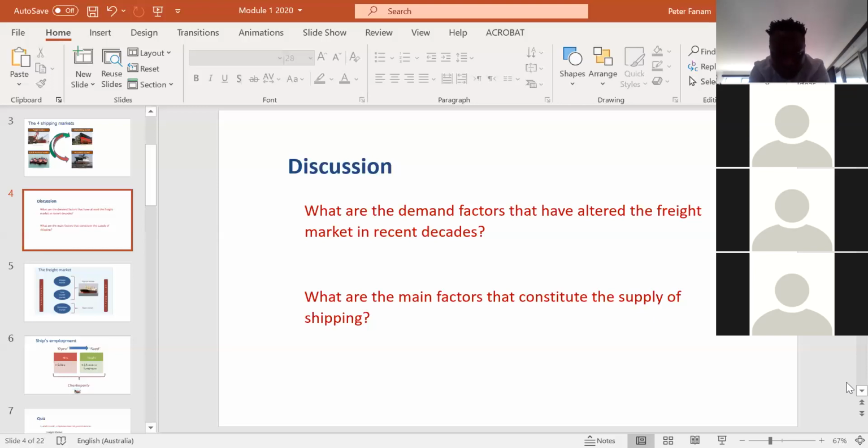I'm not sure if people mentioned government regulations and political events. I think someone mentioned the policy, but that's also a big issue, government regulation. But are you considering that on the demand side or on the supply side? Could be both, depending upon each nation's or country's regulations.